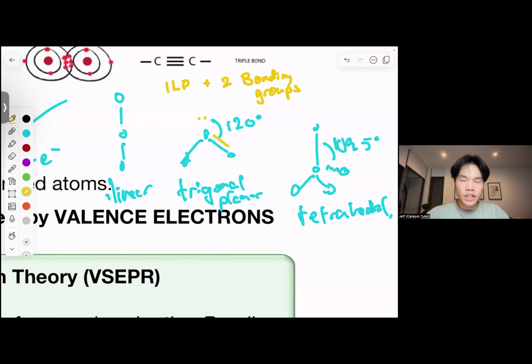It would be a slight change in angle. I believe the angle between the lone pairs and the bonds slightly exceeds 120. It'd be like 121 or something, but not overly important. Just understand that there's still going to be a repulsion, and this is your first possibility of a bent geometry.